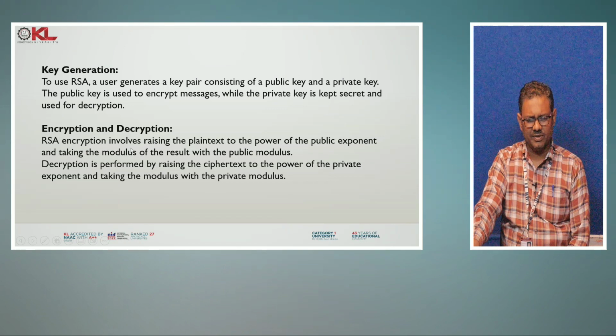In encryption, the plain text is raised to the power of the public exponent, taking the modulus, with the public modulus. In decryption, we raise the ciphertext to the power of the private exponent. Here the components are different. In encryption we use the public exponent. In decryption we use the private exponent.